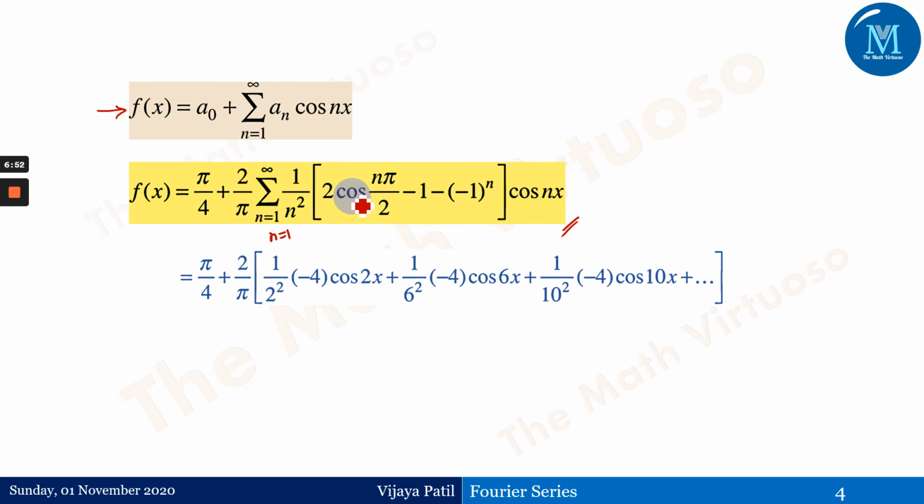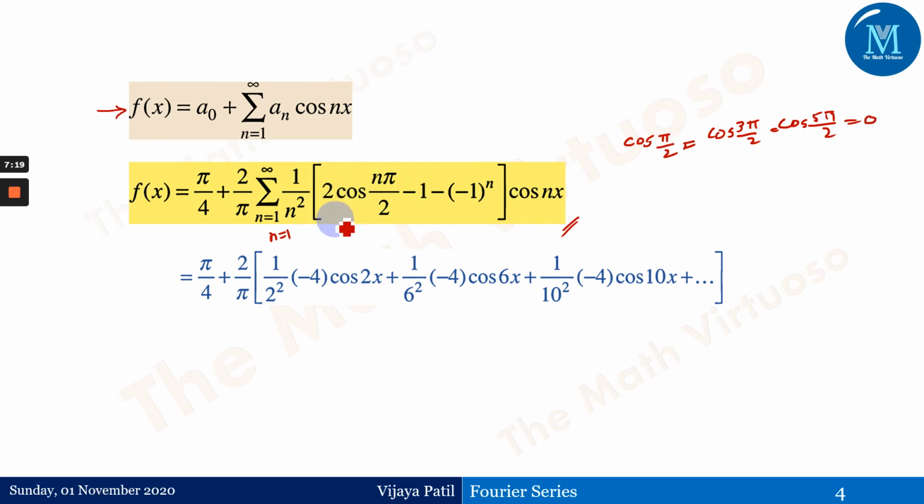And therefore I'm going to get cos of n pi by 2 as three different values, that is plus 1, minus 1, and the 0 value. Now the 0 value comes from cos of pi by 2, which equals cos of 3 pi by 2, which equals cos of 5 pi by 2, and so on, equal to 0.